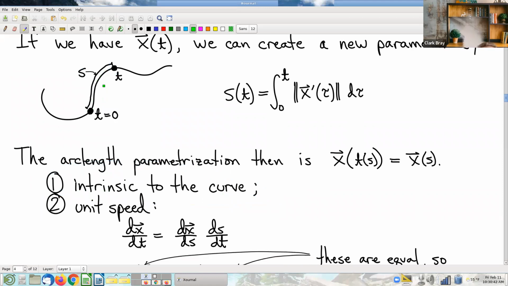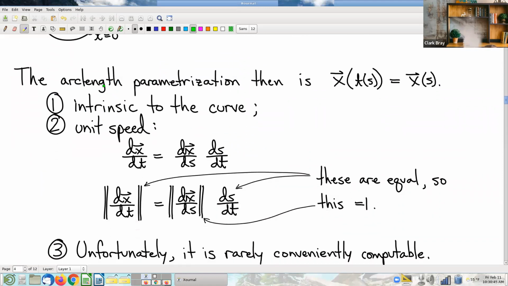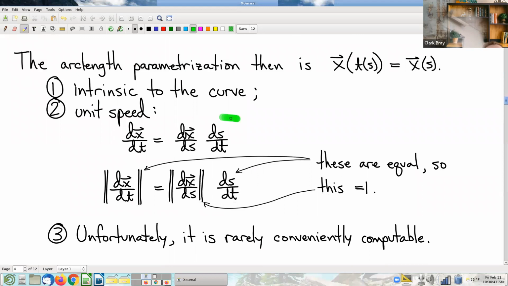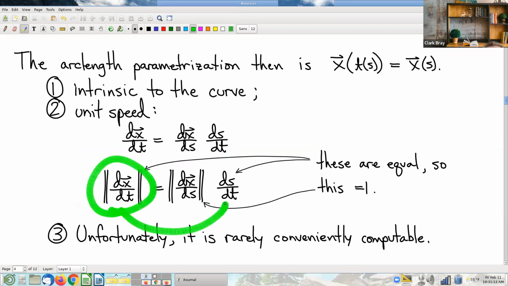Another nice thing: it's unit speed. A real easy observation. If position is a function of s and s is a function of t, then the chain rule tells us this. Take the magnitude of both sides. Of course, these are vectors, and that's a scalar. So when you take the magnitude of both sides, you get this. In fact, both of these are the same. How do I know?